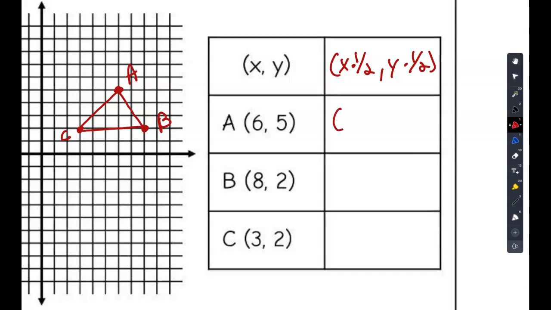So half of 6 is 3, and half of 5 is 2.5. Okay, half of 8 is 4, and half of 2 is 1. All right, and half of 3 is 1.5, and half of 2 is 1.